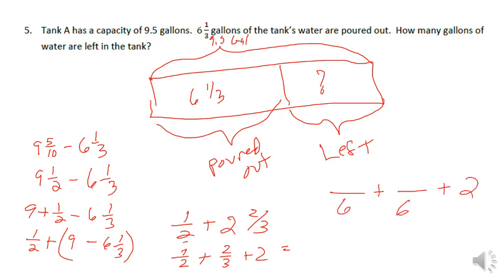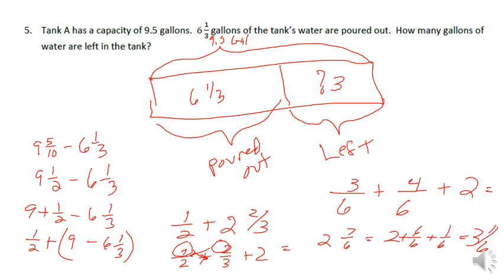Now we've got 1 times 3 gives us 3. 2 times 2 gives us 4. So now when I add them up, I've got 3/6 plus 4/6, which equals 7/6, which is 1 and 1/6, plus 2, which equals 3 and 1/6.